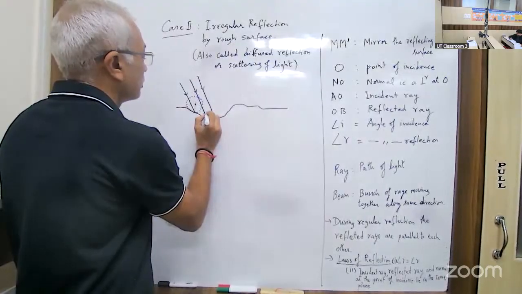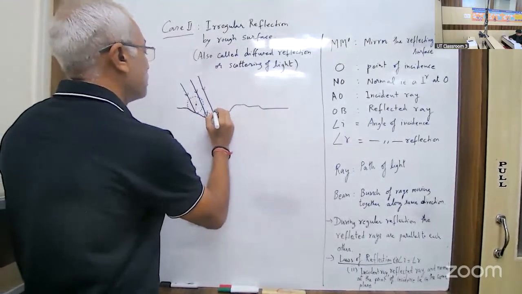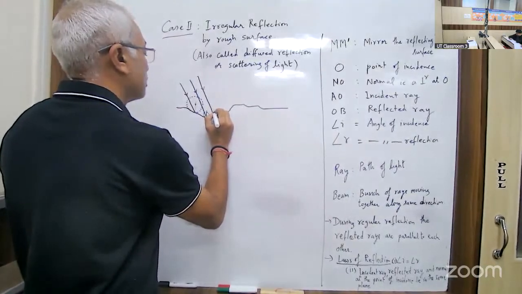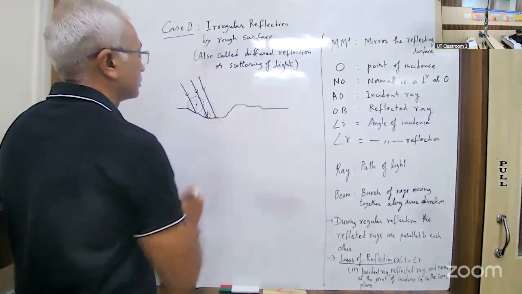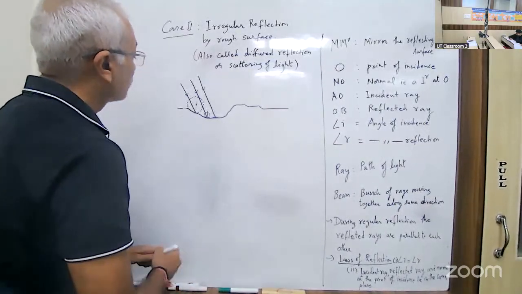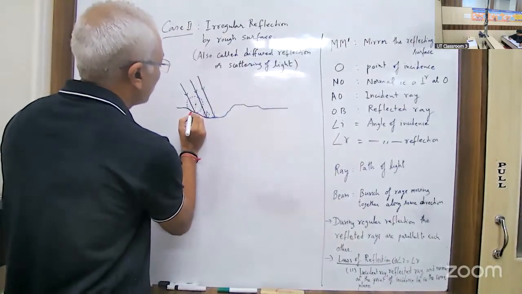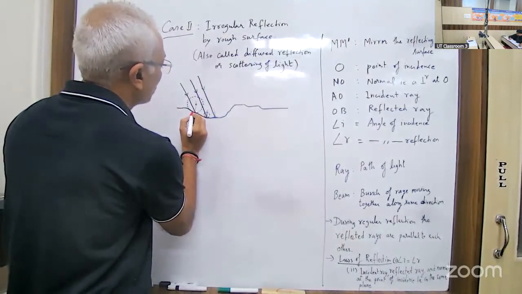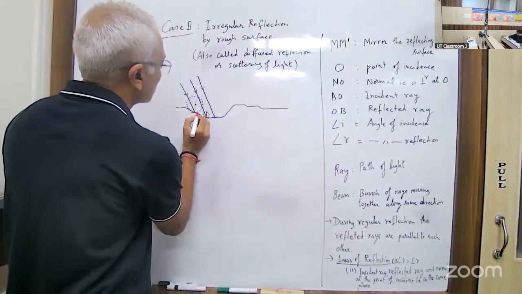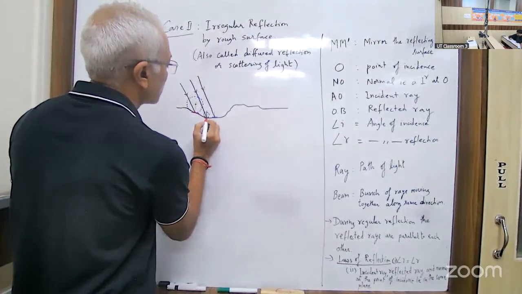Normal will be over here. This is a plane surface, so the normal is perpendicular. So for a curved surface, the normal is perpendicular to the tangent at that point. Let's say this is the point of incidence. Let us say this is the tangent. Here the tangent is this.